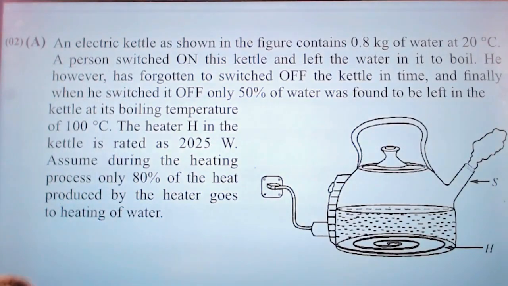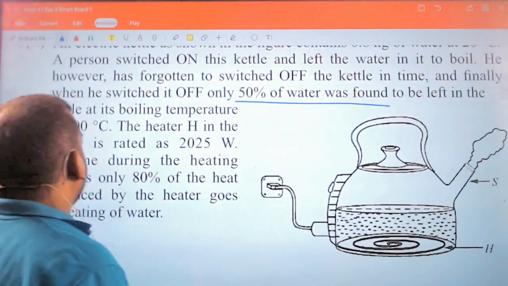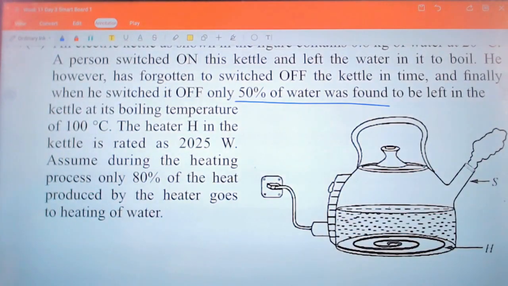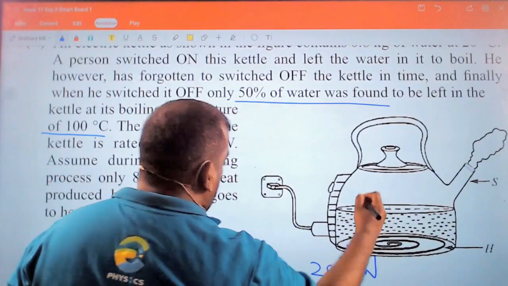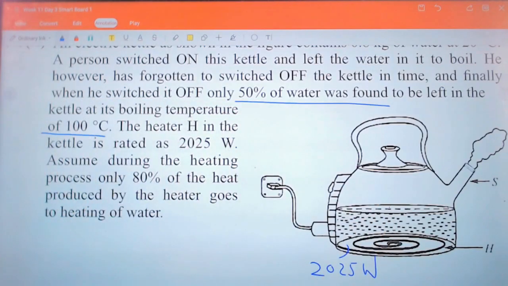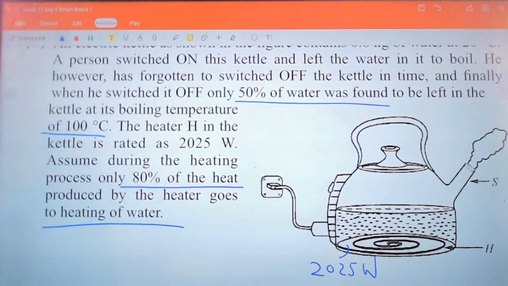And when he switches it off, only 50% of the water was found to be remaining at 100 degrees Celsius. The heater in the kettle is rated 2025 watt. And during the heating process, 80% of the heat goes into heating water, 20% is lost. Right.